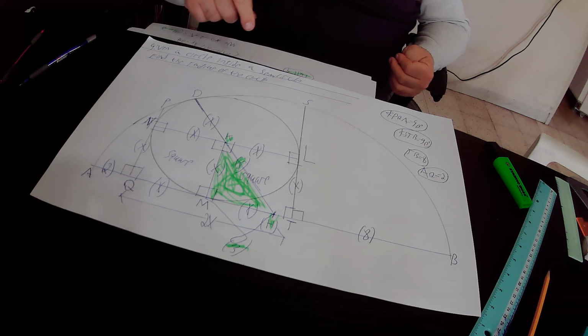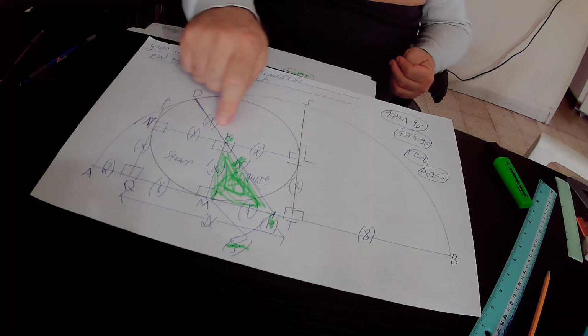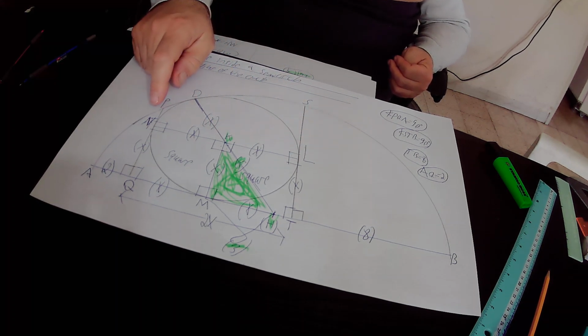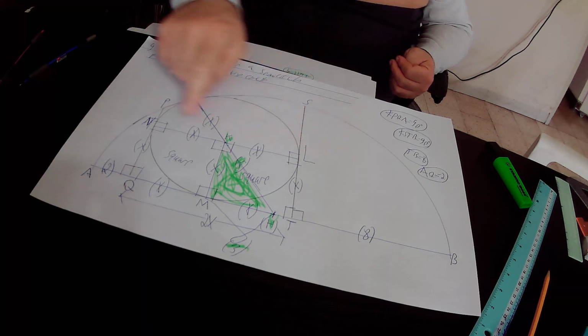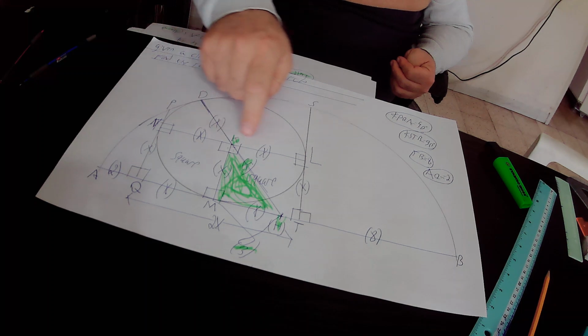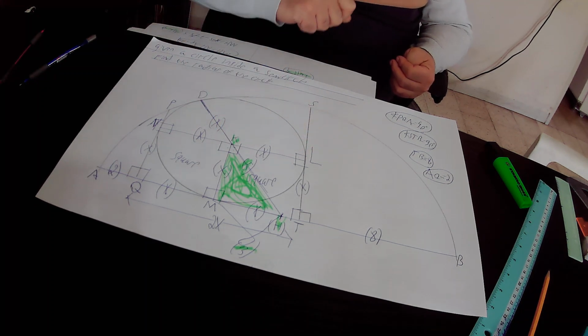So what is the size of angle NKL? Again, this is angle NKL, and the size of angle NKL equals 90 degrees plus 90 degrees, which is 180 degrees.